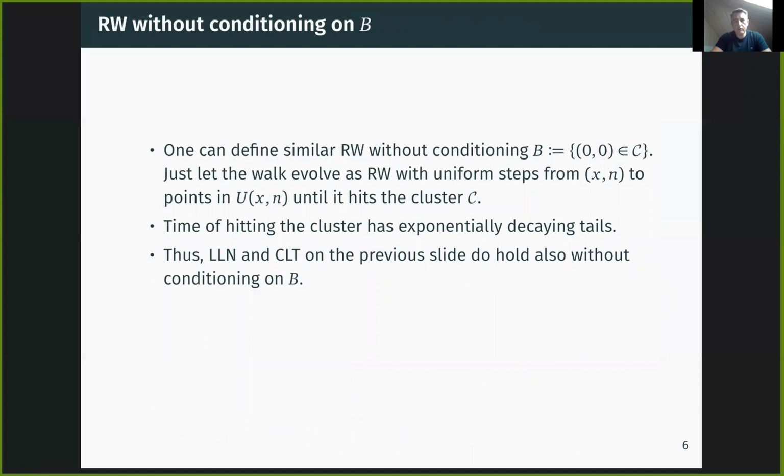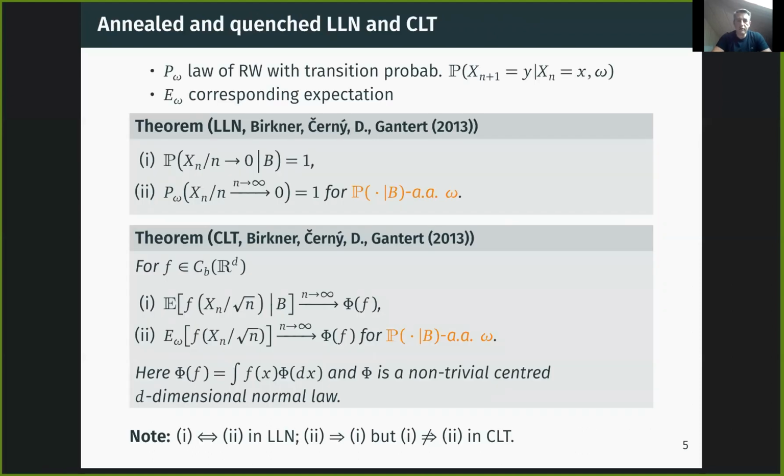Then it is clear we can't consider such random walks without conditioning on this event B. We just let the random walk, which takes uniform steps, evolve, and at some point it will hit the cluster after some time which has exponentially decaying tails. And therefore these results also hold without conditioning on B.